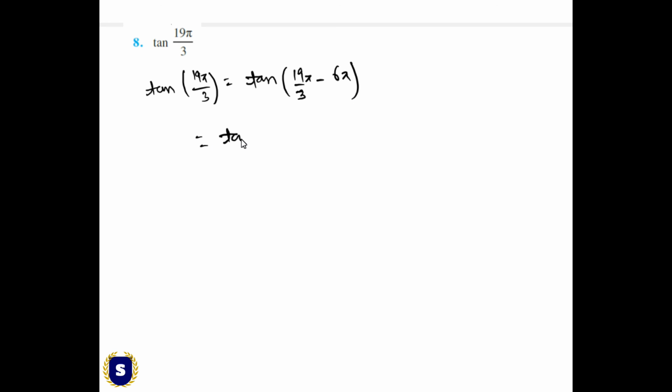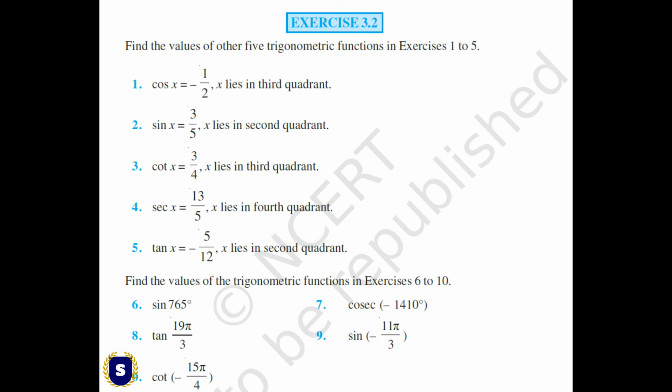Taking the LCM, 19 pi minus 18 pi. You can solve it directly, but just to let you know, I am solving it completely. It becomes pi by 3, and the value is root 3. Right? Question number 9.